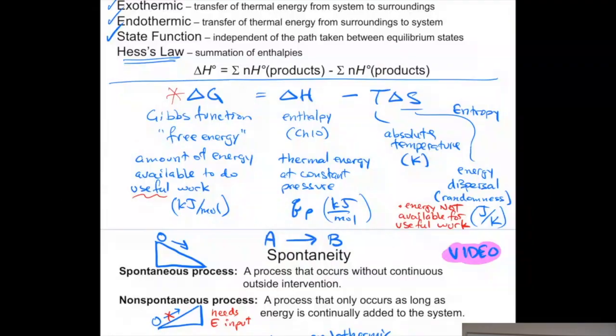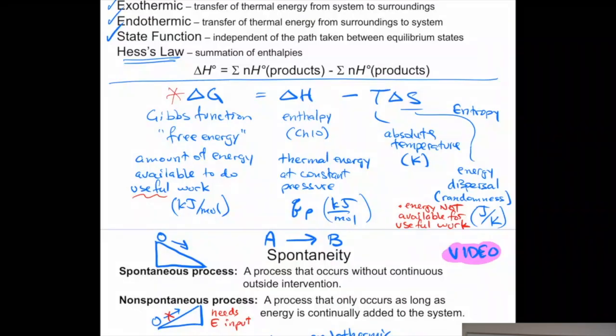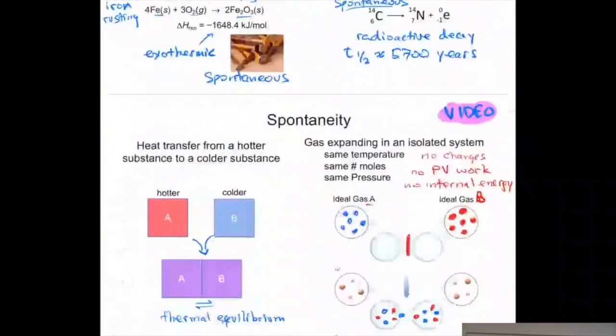The ultimate point of this chapter is to be able to look at a number of things going on in a reaction and decide if the reaction is spontaneous or not. This really is the master equation. So we're going to focus on delta G is equal to delta H minus T delta S. Now we're going to do a little worksheet here in a moment.